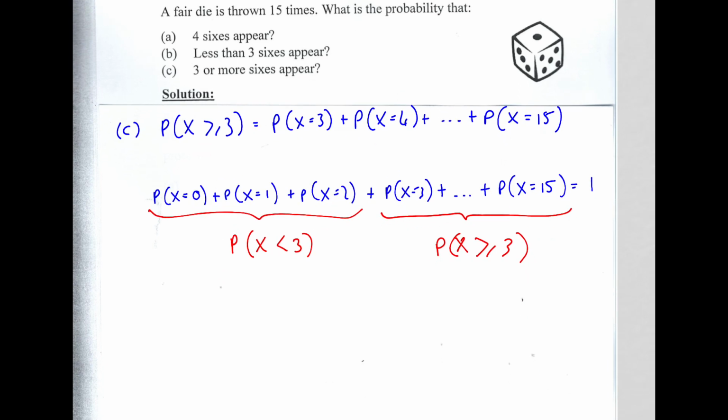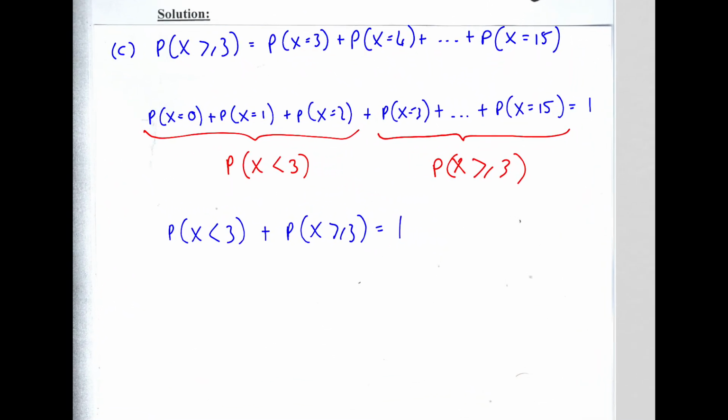Alright, so that means that the probability of x is less than 3 plus the probability of x being greater than or equal to 3 must equal 1. Okay, which means that the probability of x being greater than or equal to 3 must equal 1 minus the probability of x being less than 3.